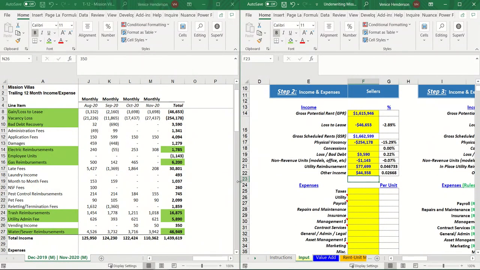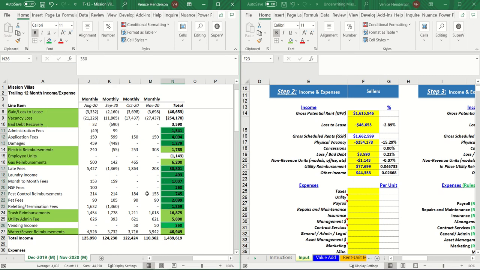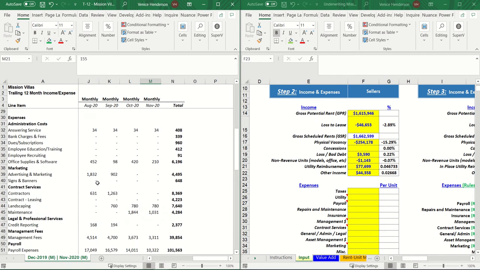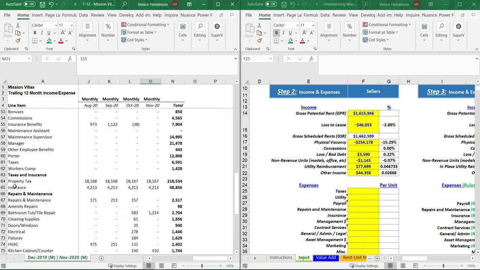All right. Let's move on to our expenses. I'm going to make that a dot green. Expenses, taxes are $218.